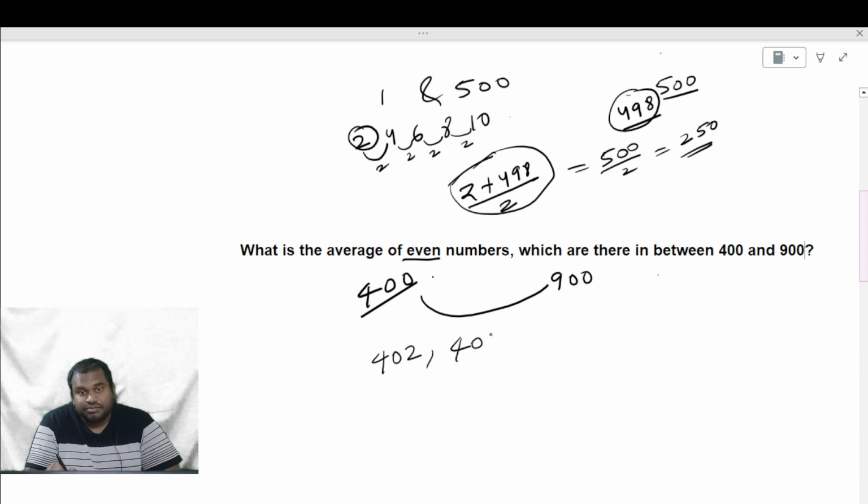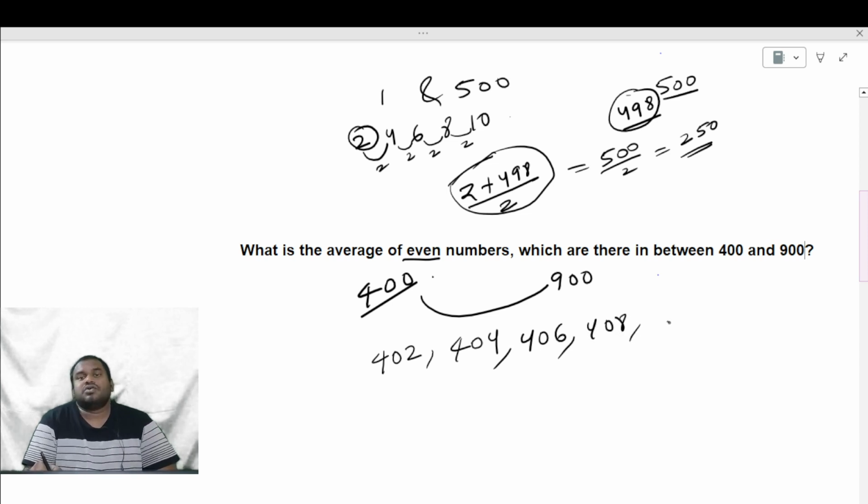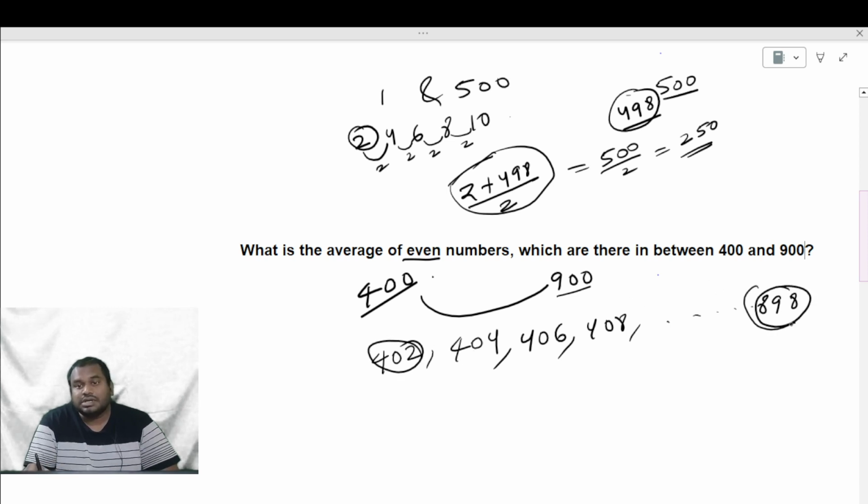The next number is 404, but we don't have to focus on that because we just take the first and the last and verify the common difference. The number which comes before 900 and is even is 898. So the first number is 402 and the last number is 898.